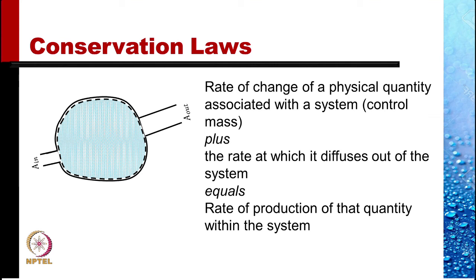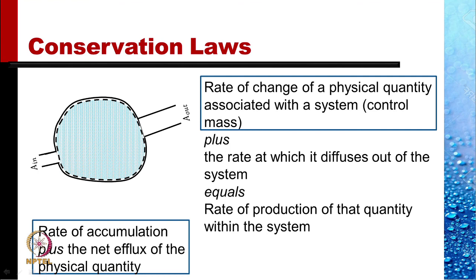If that quantity was momentum, the rate of production of momentum is the net external force applied on the system. If the quantity was energy, the rate of production of that quantity within the system is equal to the net rate at which work is done on the system minus the net rate at which heat is lost by the system.